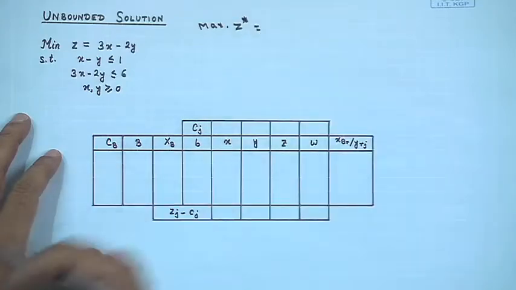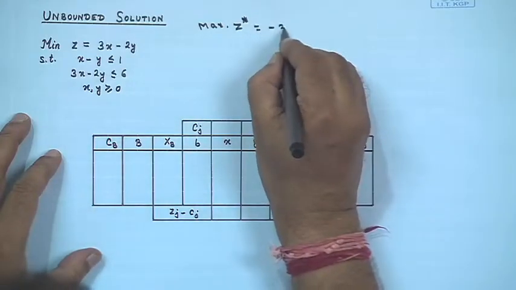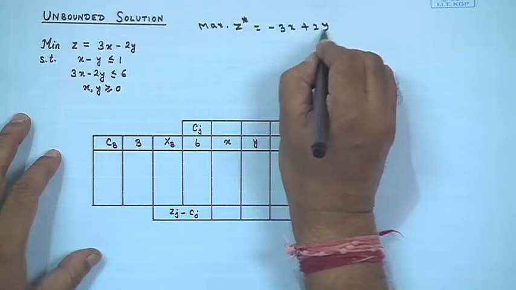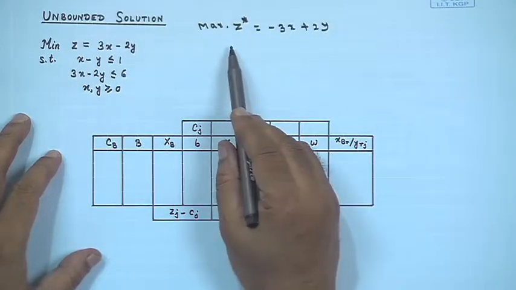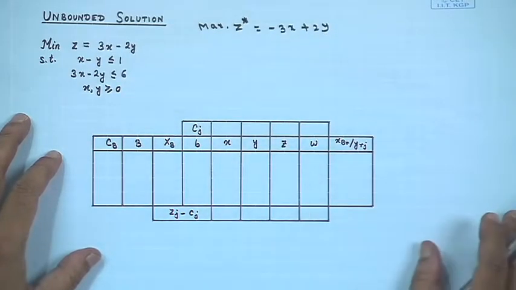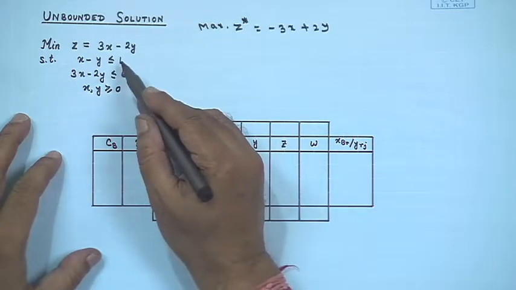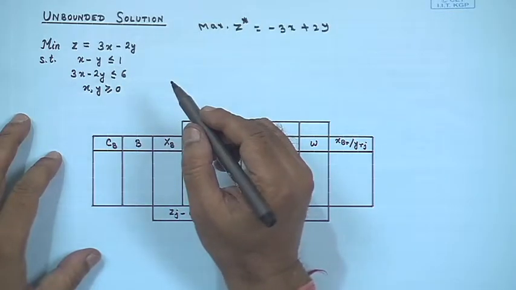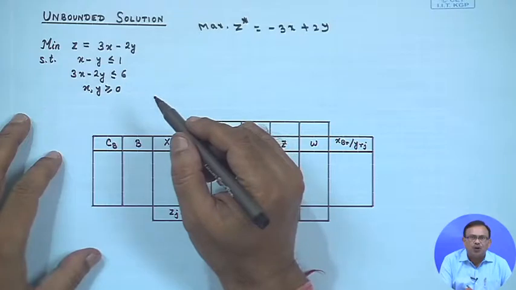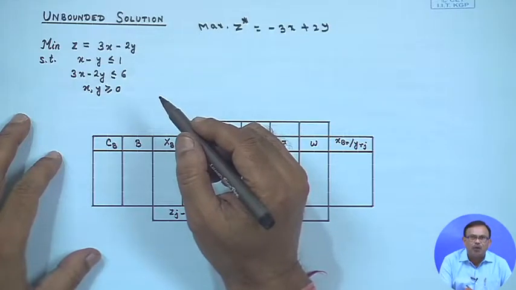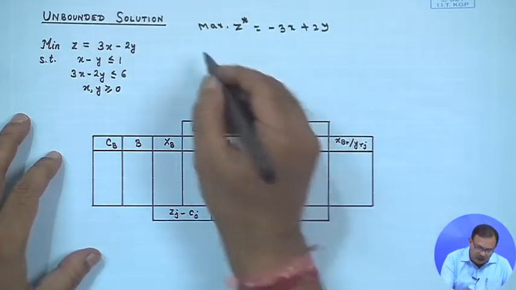Z star will be equals to minus 3x plus 2y, because you know that maximum of z equals minimum of minus z. Here we have two less than equals type constraints, so we have to add two slack variables to make the inequalities into equations.